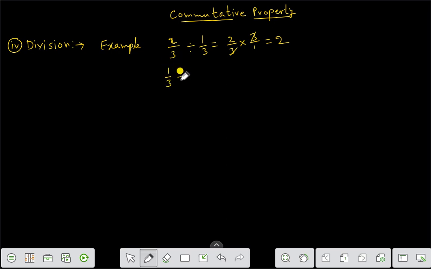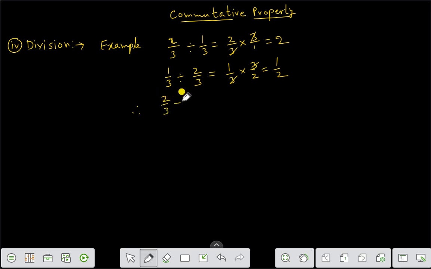Now if you divide 1 by 3 divided by 2 by 3, then you will get 1 by 3 into 3 by 2, that comes to 1 by 2.